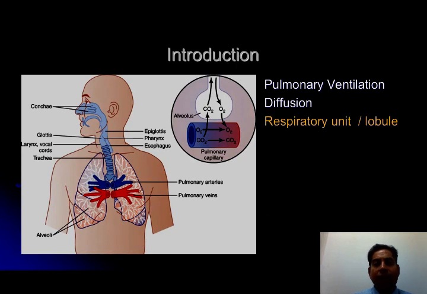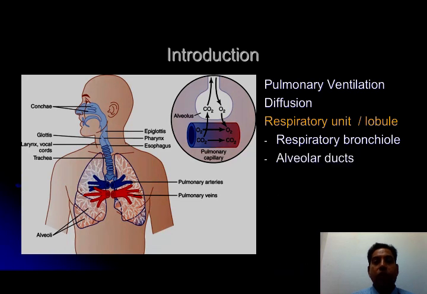So the functional unit for the respiratory exchange is the respiratory unit, also called the lobule, which consists of the respiratory bronchiole, the alveolar ducts, the atria, the alveoli.